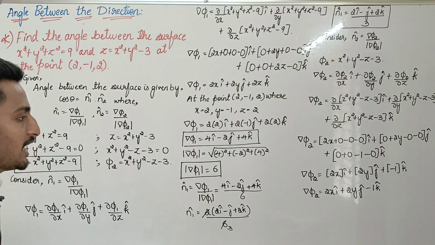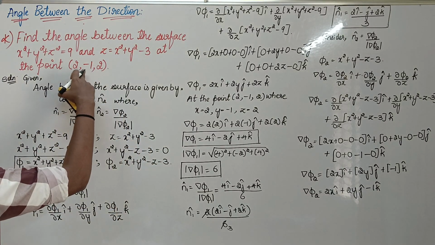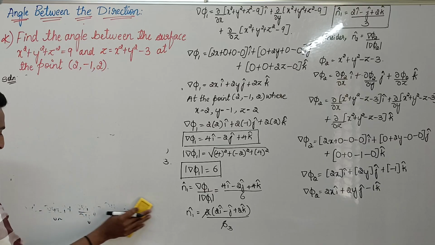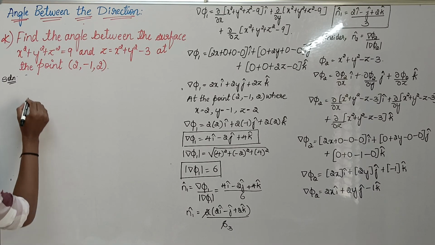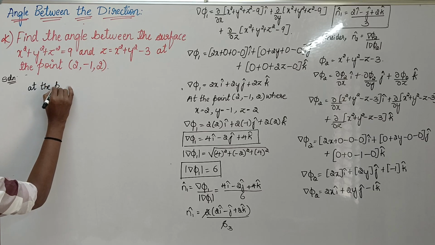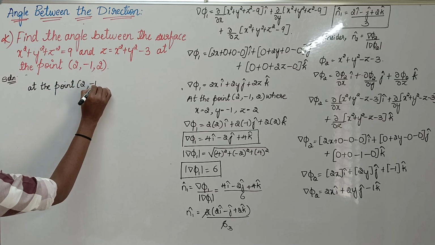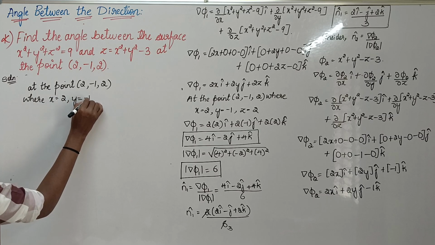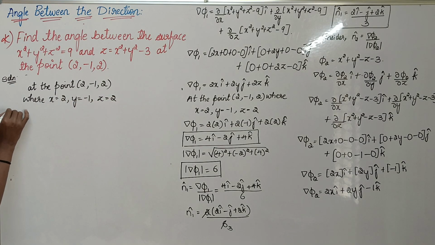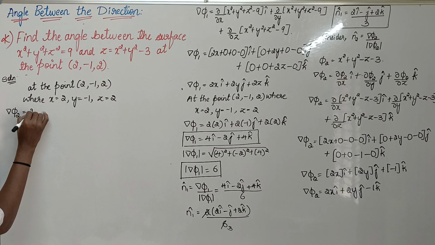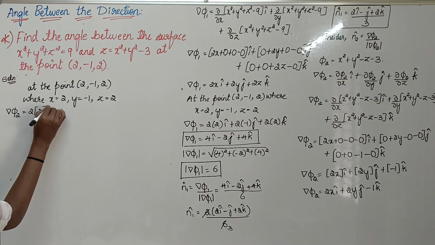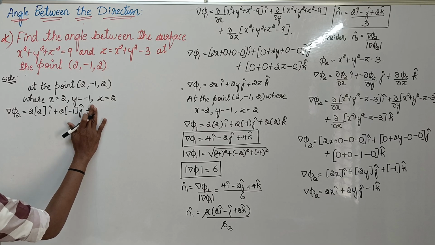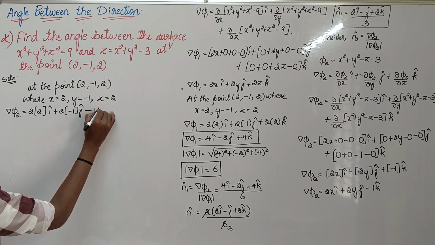Now for this gradient phi2 we apply the point 2, minus 1, 2, where x equals 2, y equals minus 1, z equals 2. Gradient phi2 is equal to 2 into 2 i cap plus 2 into minus 1 j cap, and minus 1 k cap remains constant since we don't have any value to apply.